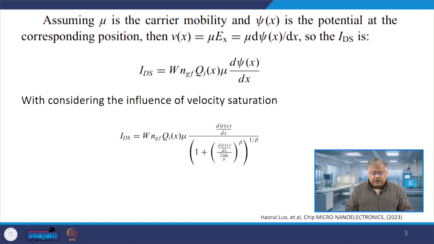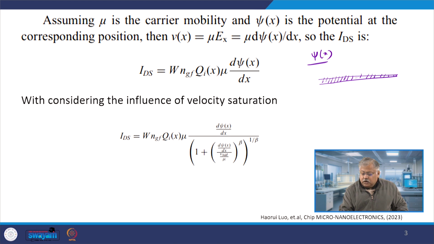This is what I was saying, that if I assume that at any point within the channel, psi s is the surface potential at any point in the channel. So this is my channel, let us suppose my 2D electron gas is confined within this shaded region, which has got my 2D electron gas, and let us suppose this is my x, and the potential at this particular value of x is psi of x.